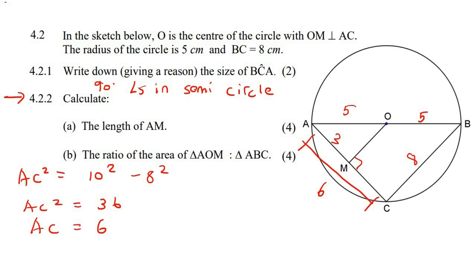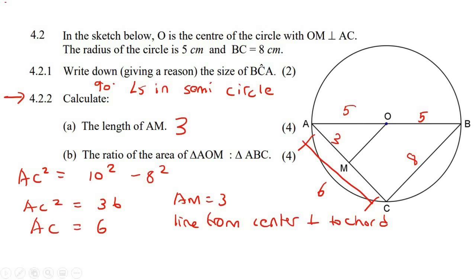So we'd show all of that, and then you could say, therefore, AM is 3. And this is because you have a line coming from the center, and it is perpendicular to a chord. You see, we had a line that was coming from the center, was perpendicular to the chord, and so it cuts this line exactly in half. So the answer is 3. And we'd say centimeters, because they did use centimeters.